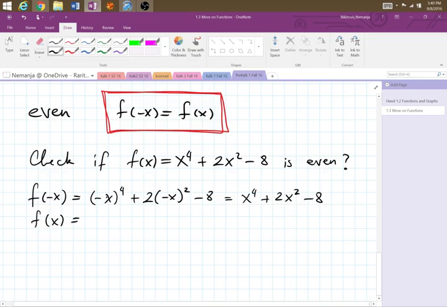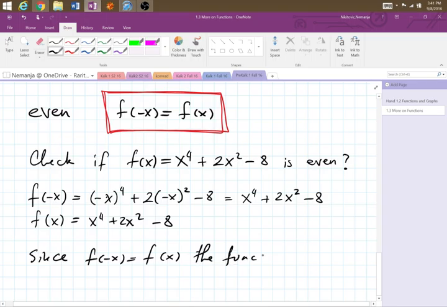You see up there, it just says f of x, which is the original f of x you were given. They're the same, right? Since f of minus x is equal to f of x, the function is even.